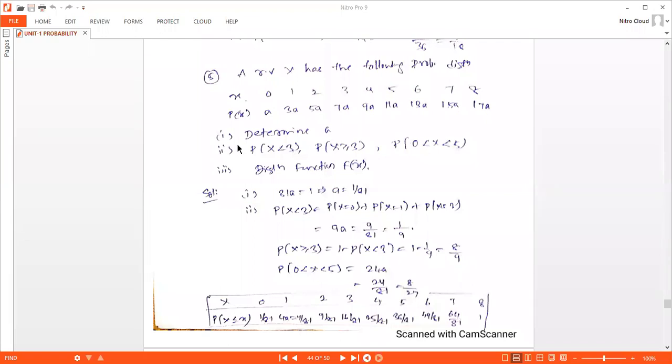Instead of that, we write probability of x greater than or equal to 3 equal to 1 minus probability of x less than 3, because already we know the value of probability of x less than 3. That is 1 minus 1 by 9, so that is 8 by 9.